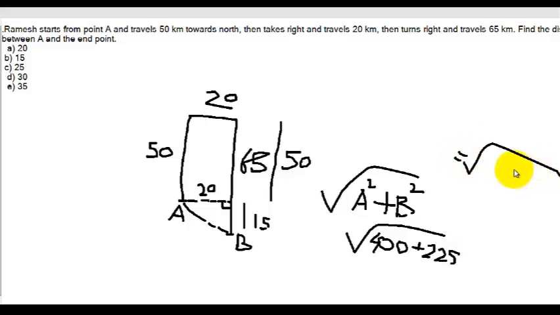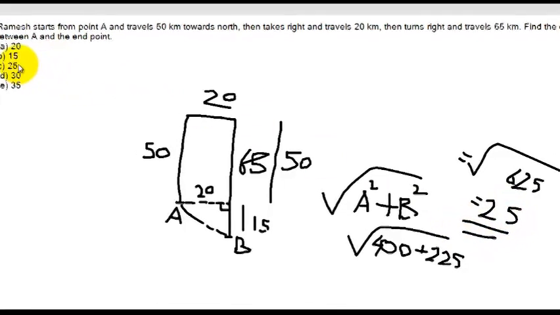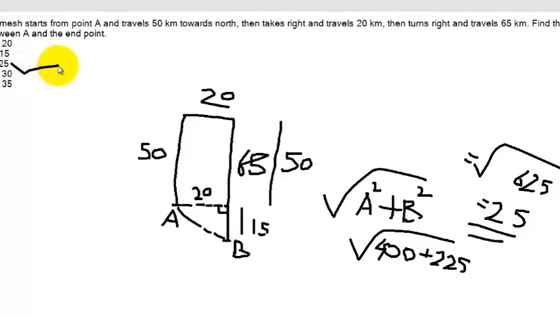Root of 625. What is root 625? It's 25. So it's your answer, 25. I hope you got this answer.